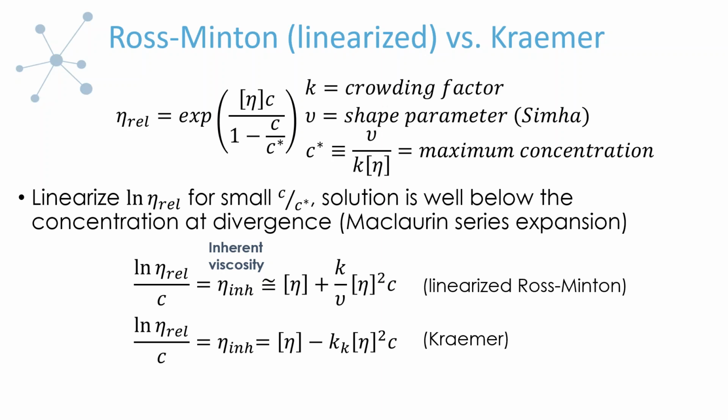And just to point out, because I didn't bring it up before, since it's not as common as the Huggins equation, which is the virial expansion of the relative viscosity with respect to concentration, there's an analogous equation referred to as the Kraemer equation, where it's a virial expansion with respect to the log of the relative viscosity. So this is another place where the inherent viscosity pops up, and you can use this equation to do your dilute solution analysis as well.